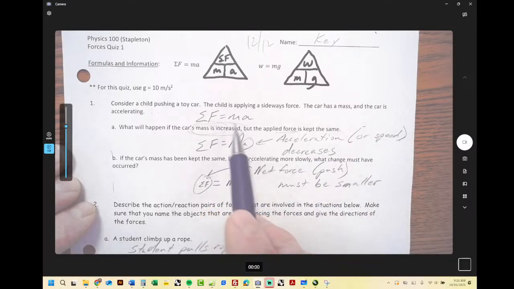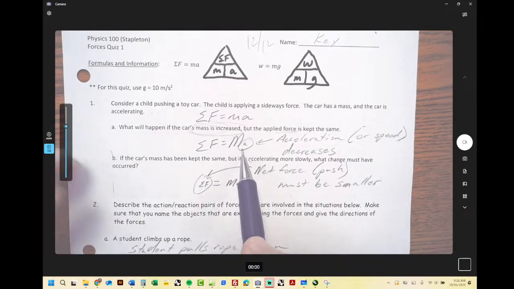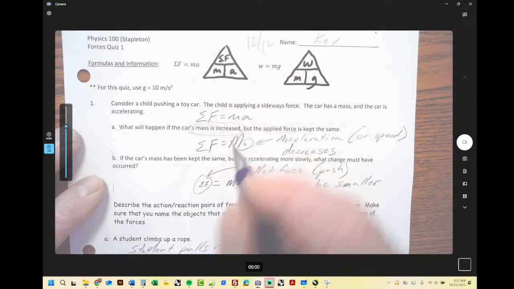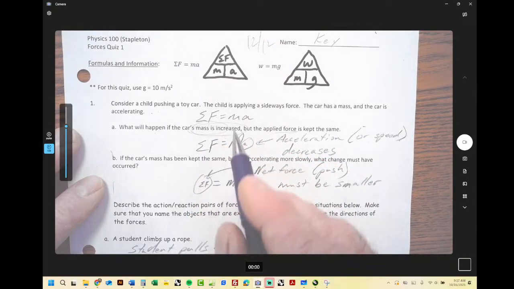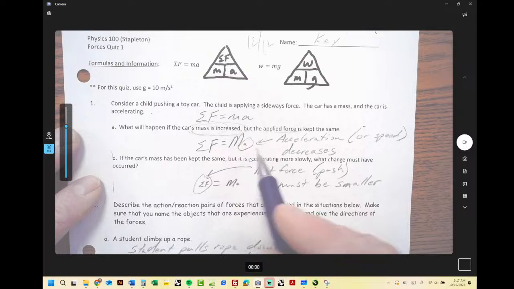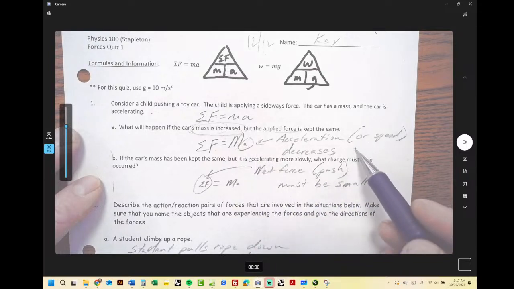Using Newton's second law, writing the formula out and changing the size of the letters in it to represent the size of the forces and accelerations, it looks like this. Here's the force, the same size force. If I make the M bigger, then the A has to be smaller. So if one goes up, one has to go down. And so for 1A, you just say it slows down.